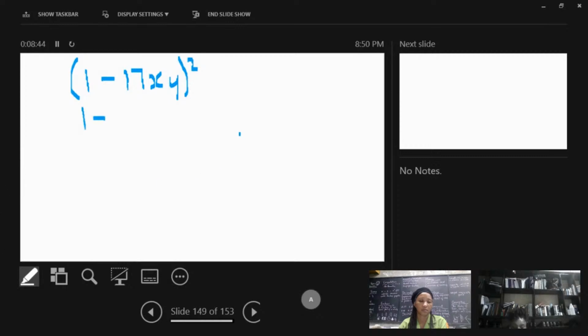Minus 34xy plus 289 xy squared. Square each letter. x squared y squared.